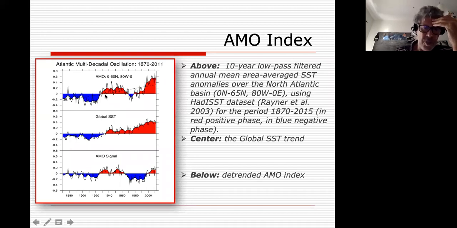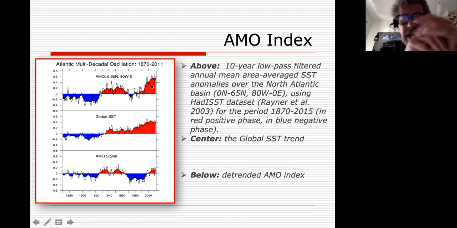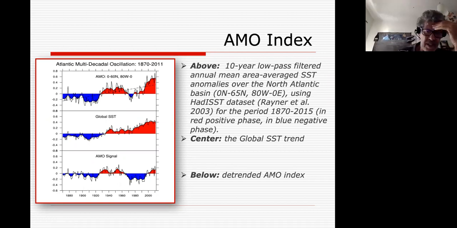And so the two signals in the data are entangled. To disentangle them, it is suggested to detrend the AMO index with a global SST index in order to subtract the trend, leaving the natural variability as it is.